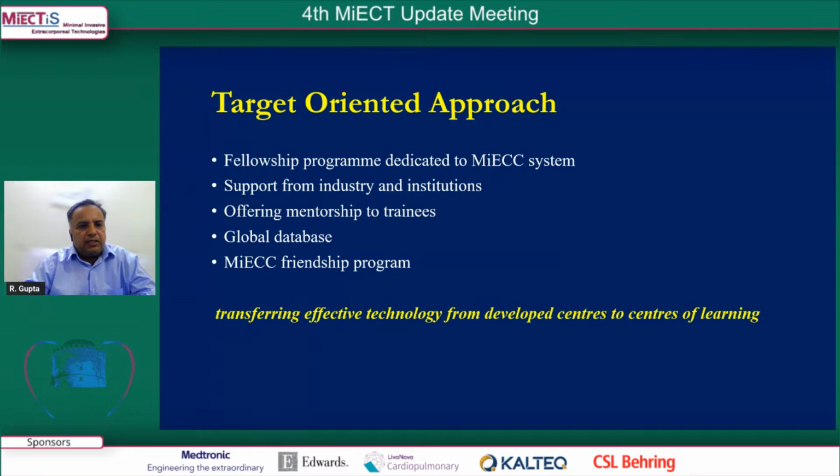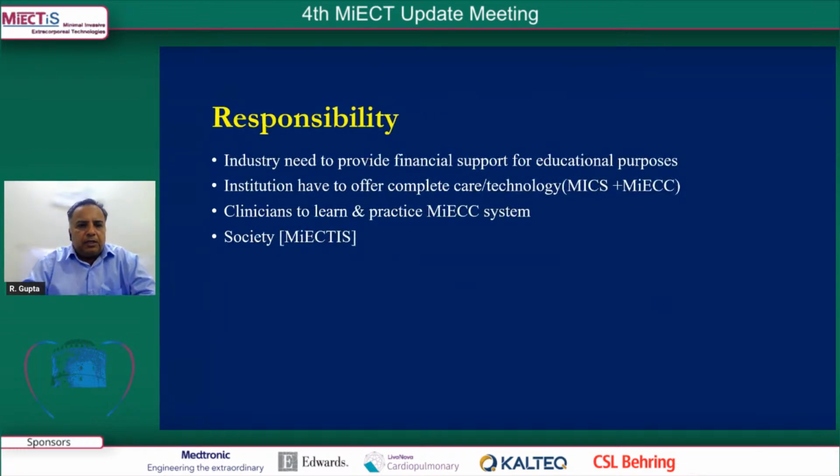So the society can start a MiECT friendship program, where institutions from developed countries offer their training and allow trainee perfusionists or teams to visit their centers and have live training. There is a strong need of transferring effective technology from developed centers to centers of learning, and this team approach can be gained through taking the responsibility.